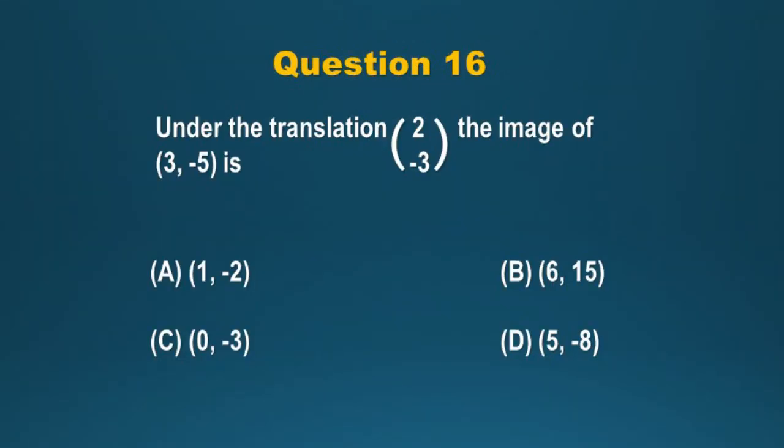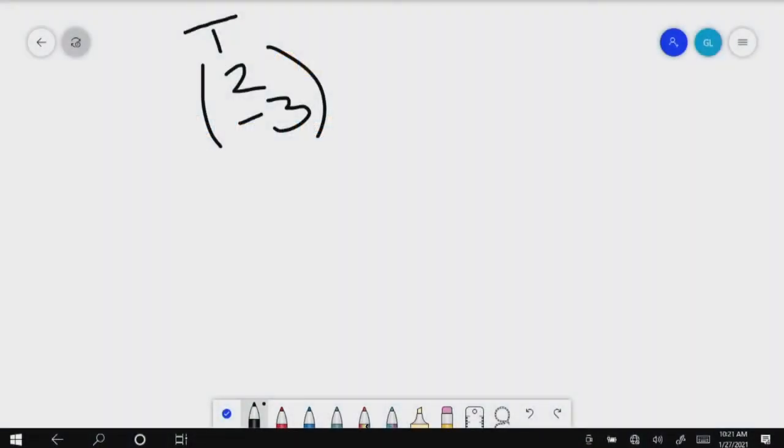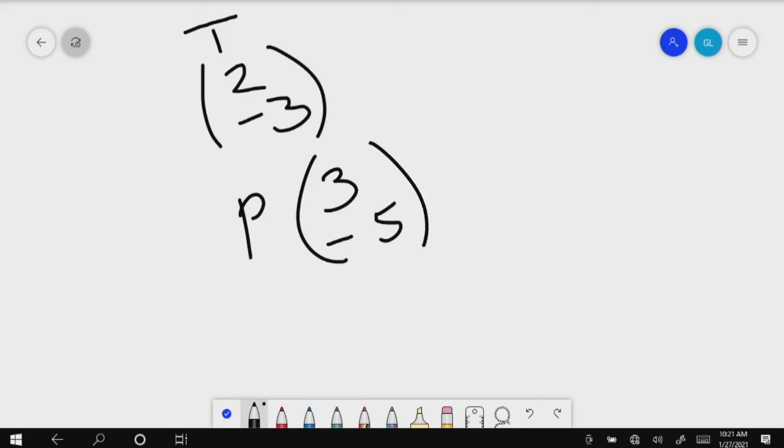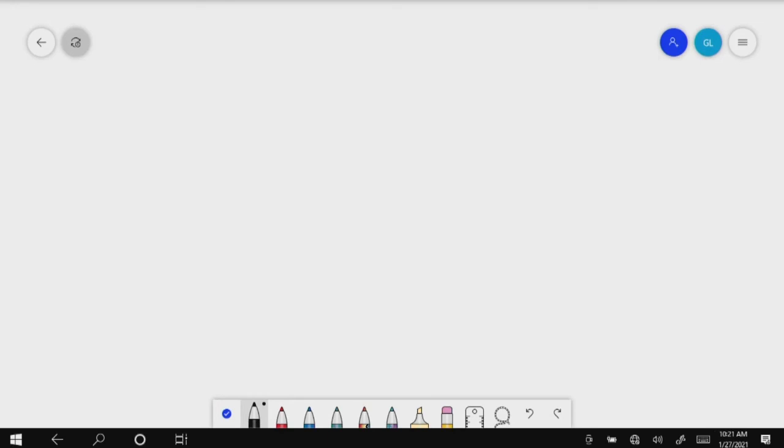Under the translation (2, -3), we have a translation (2, -3). The image of a point (3, -5) is equal to, so we're looking for the image value given this question. In translation vector, starting point plus translation equals the end point.